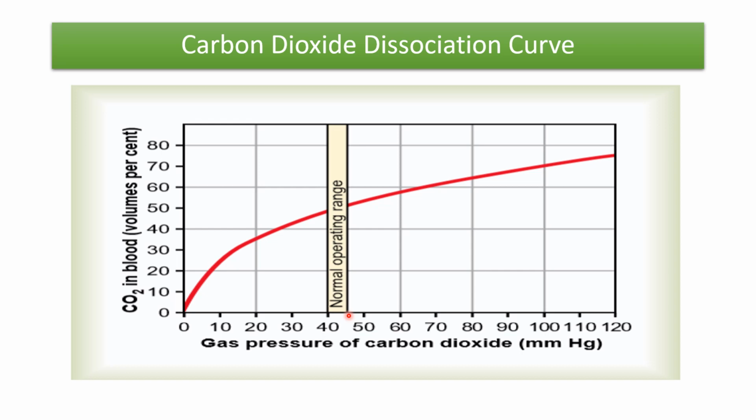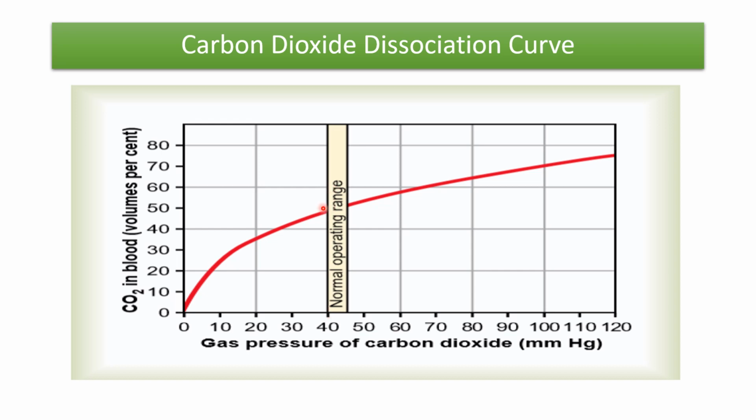It falls to only 48 volume percent when it passes through the lungs, where the arterial partial pressure of carbon dioxide is 40 mmHg.